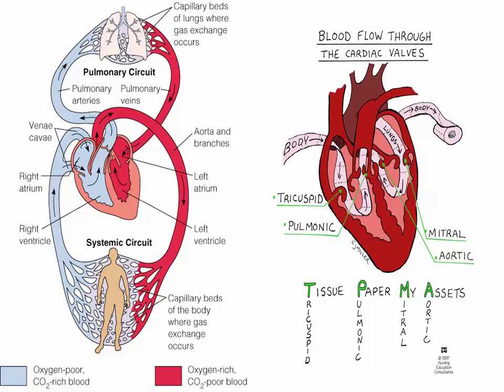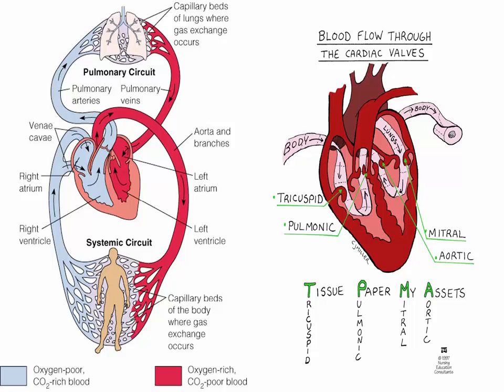So if we think of blood pressure as the force exerted against the walls of the arteries, then it gives us an idea of how changes to the peripheral vascular system are going to affect our blood pressure.